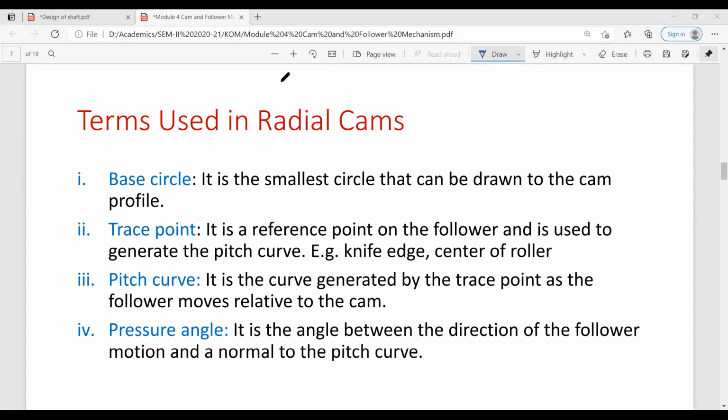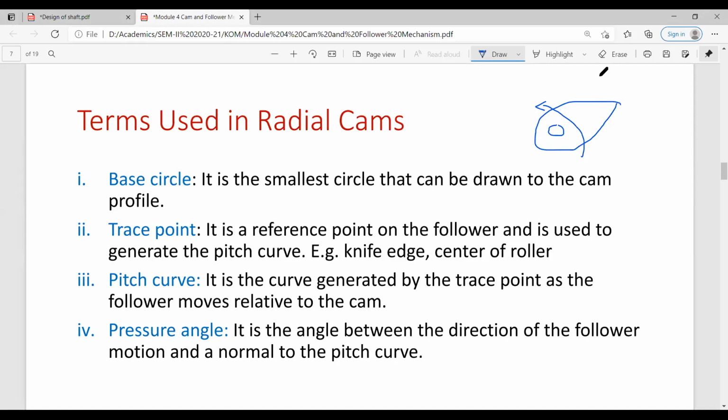Okay, so let's start again. I was telling you the importance of the cam surface. It is the cam surface, and somewhere on a shaft you will mount it and it will rotate like this.